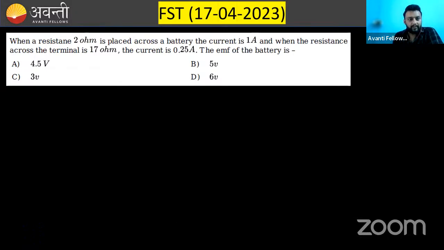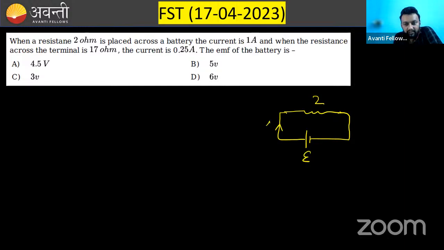This is again a very simple question. Now there is one thing that some of you might do wrong in it. Question says, when a resistance of 2 ohm is placed across a battery like this, the battery has some EMF E. The current is 1 ampere.